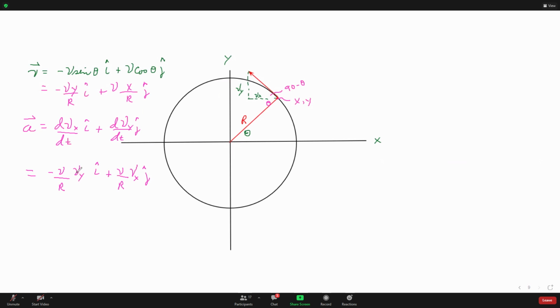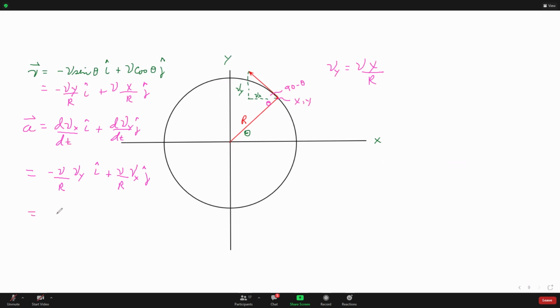But what is v sub y? From up here, v sub y is v x over r, or v cosine theta.